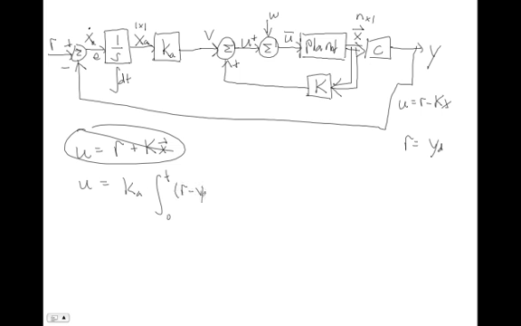We're going to be integrating R minus Y d tau from 0 to time, and then we're going to be adding that to Kx. So we still have this state feedback term here, but that's just part of it. It turns out now that this state feedback term is still going to be used to set the system eigenvalues just like it was before, but now we have this new variable. And we also have this other equation that xa dot is going to equal R minus Y, but Y is equal to C times X.